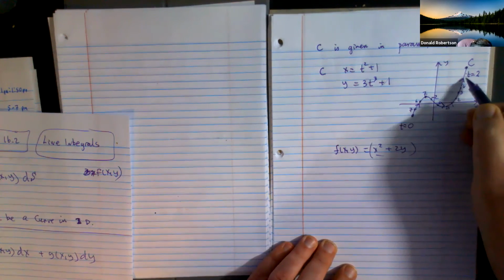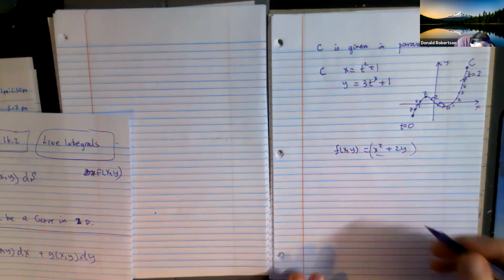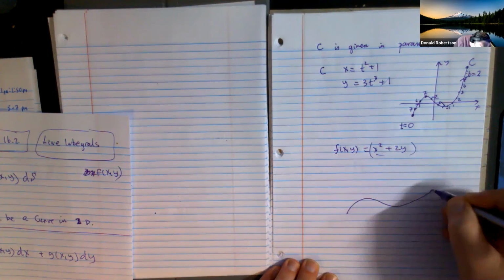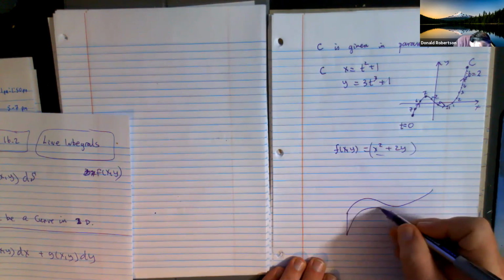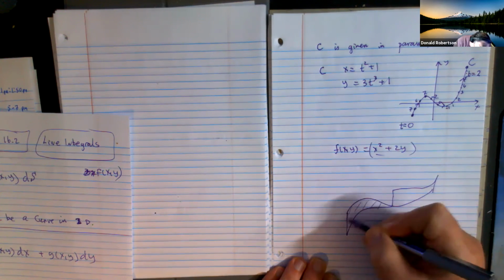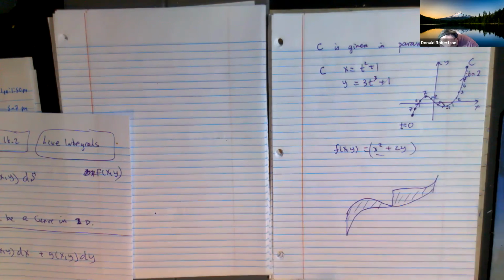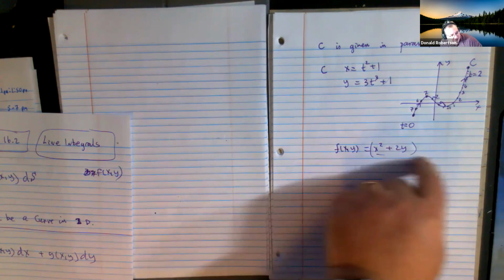Now, I know there's an infinite number of them, but can you imagine that for every single one of those points, if you thought of plus being up and negative being down, you might have a hill where there's bits above the curve and there's bits below the curve. And what you're evaluating when you get the line integral is the net area.